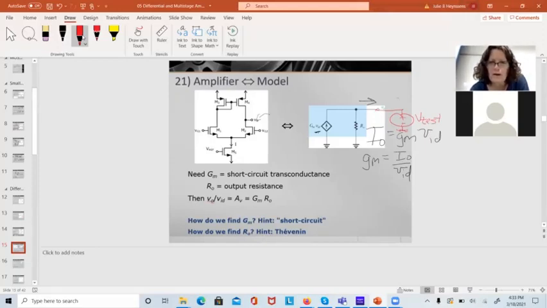And now I can measure the current coming out of that, I test. I have no input in this case, so my VID is 0. So this current source is GM times 0. It's going to go open. My V test over I test is going to give me RO.